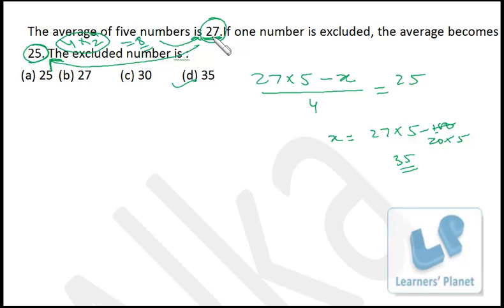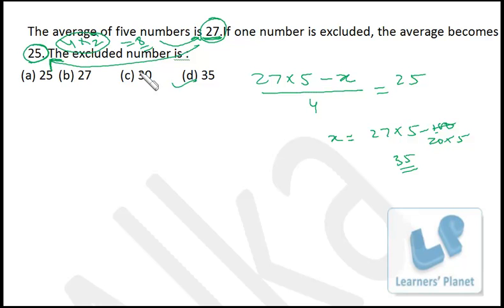If you are clear with the logic, it will be very easy for you to solve these problems without even paperwork. I'll explain it once again. Initially the average of 5 numbers is 27. After exclusion of one number, the average becomes 25. That means the average of the remaining 4 numbers is 25.